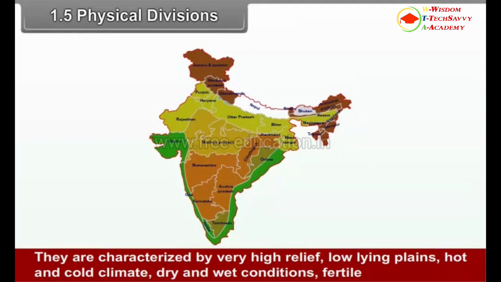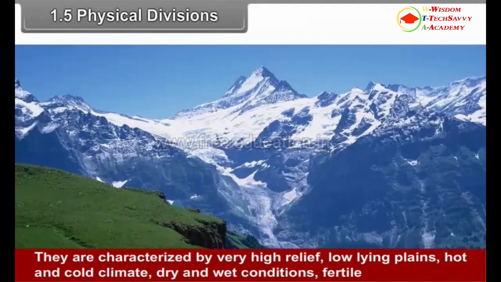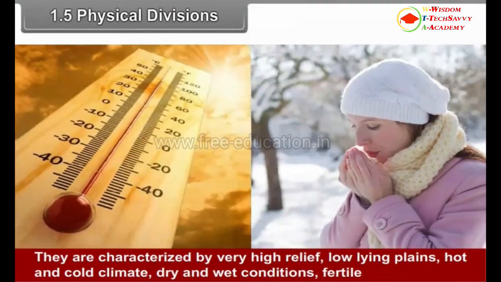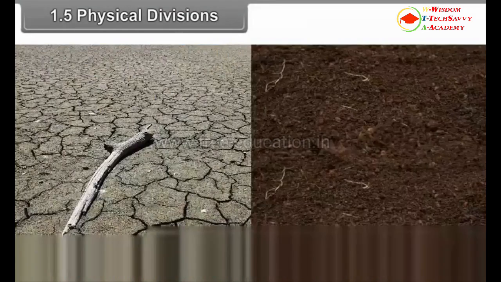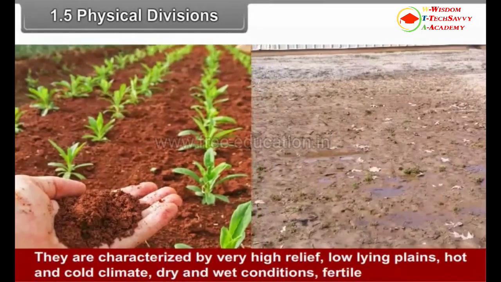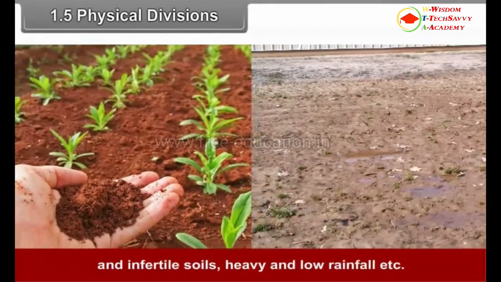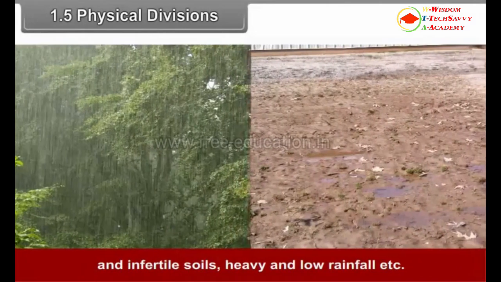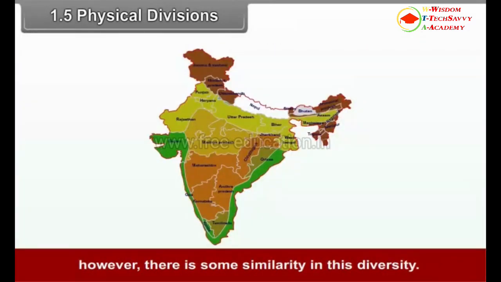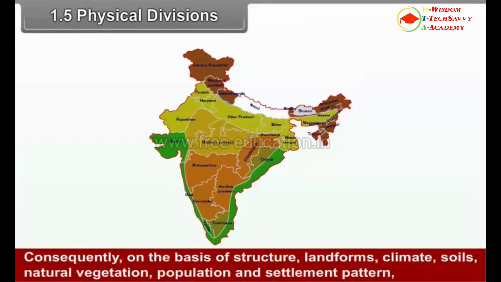They are characterized by very high relief, low-lying plains, hot and cold climate, dry and wet conditions, fertile and infertile soils, heavy and low rainfall, etc. However, there is some similarity in this diversity.